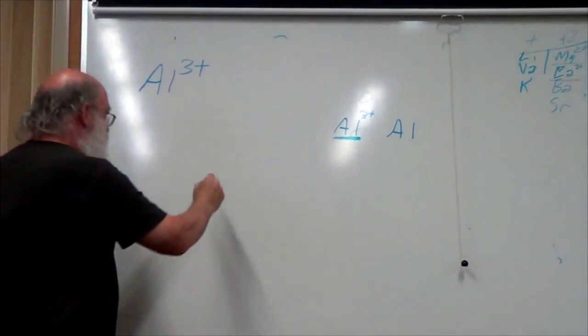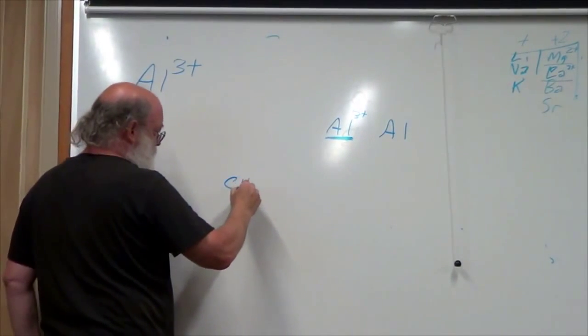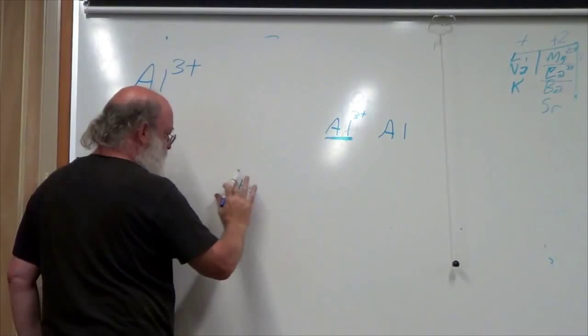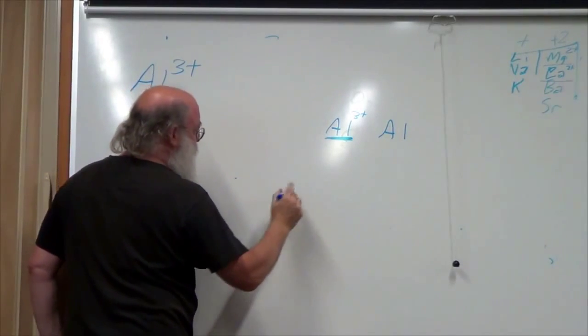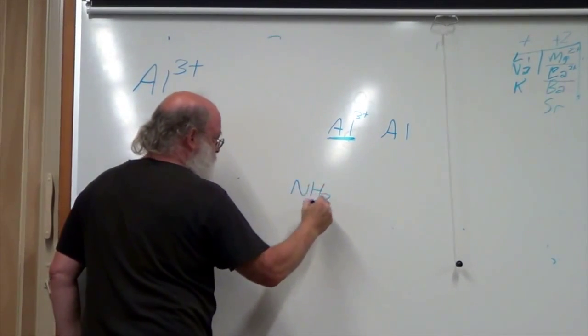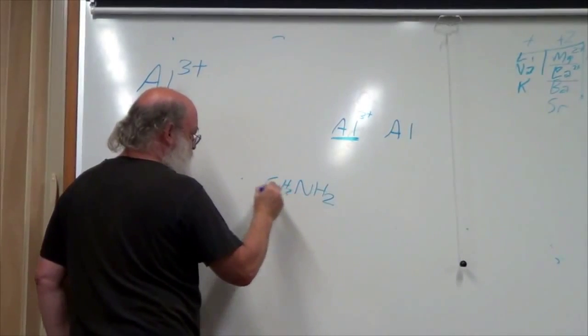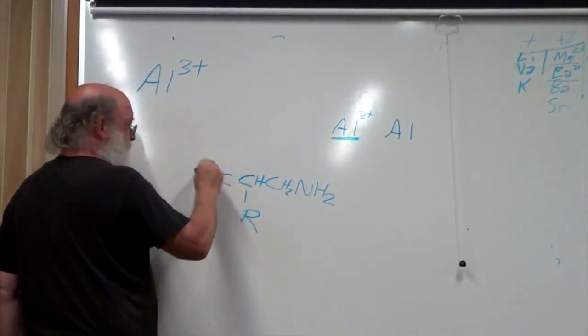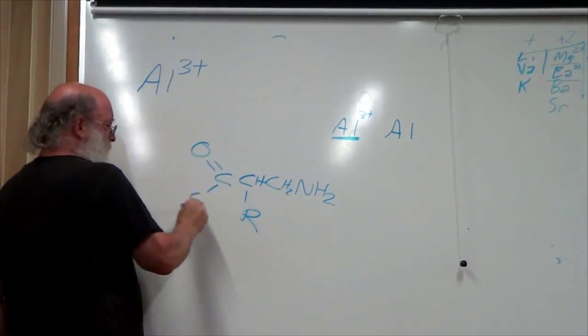Let me do that. Everybody here probably remembers and has forgotten what an amino acid is. But an amino acid has an NH2, a CH2, a CH with an R group, and a C double bond O, OH.